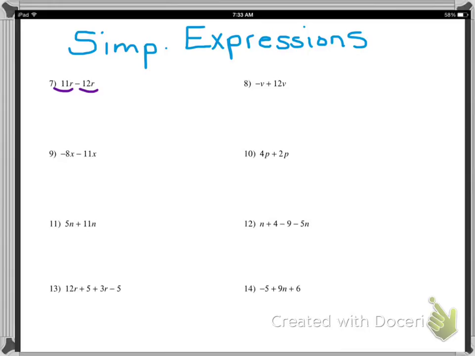Now don't look at the 11 or the 12. That has nothing to do with whether it's the same term. You're looking at the variable, and they're both R's. So yes, they are exactly alike terms. We can combine them using the rules of addition.